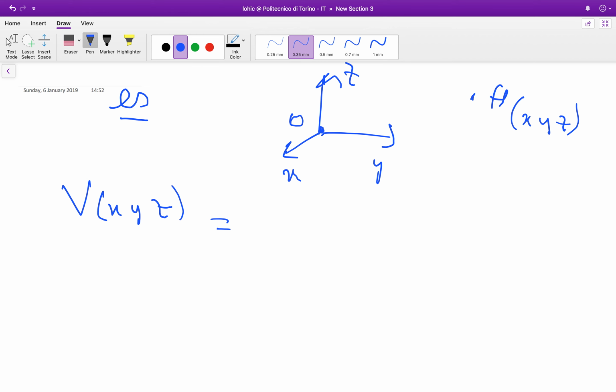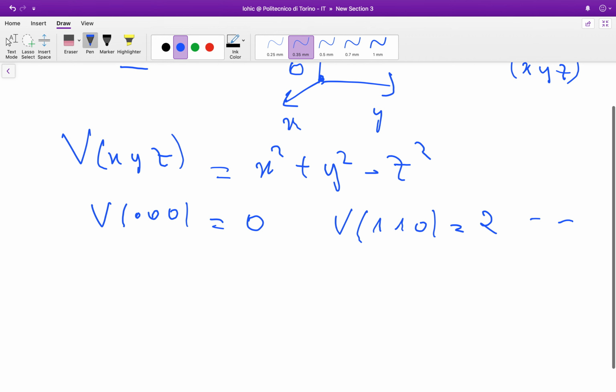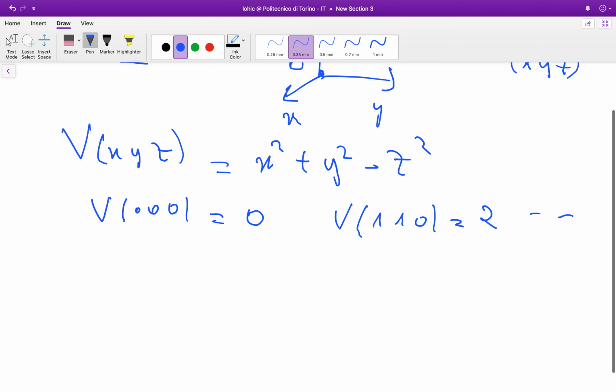I'm telling you that the electric potential is given by x squared plus y squared minus z squared. This means, for example, that the electric potential at the point 0, 0, 0 is 0. The electric potential at the point, for example, 1, 1, 0 is 2, and so on. Is that clear? So I know the electric potential at every point.